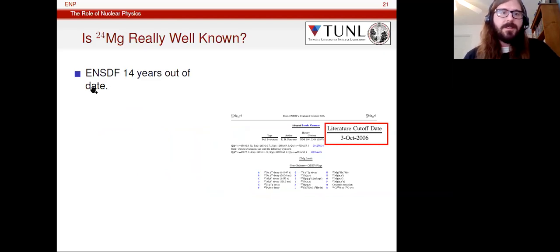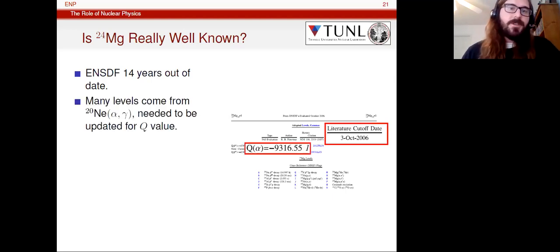And at the current time, the ENSDF evaluation was last updated 14 years ago. So at the very least, there's a couple of experiments that have happened in the interim that need to be accounted for as far as energies go. Unfortunately, many of the reactions above the proton threshold are actually coming from the neon-20 plus alpha reaction.